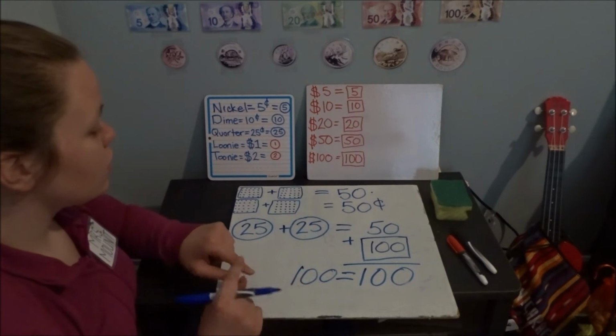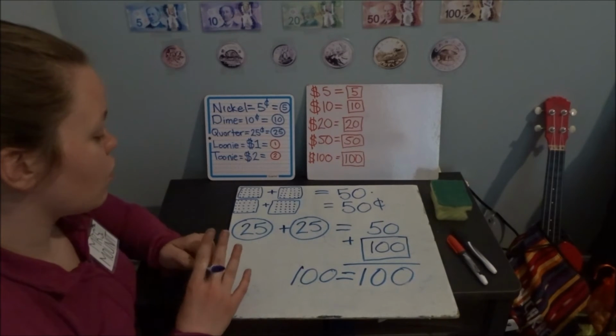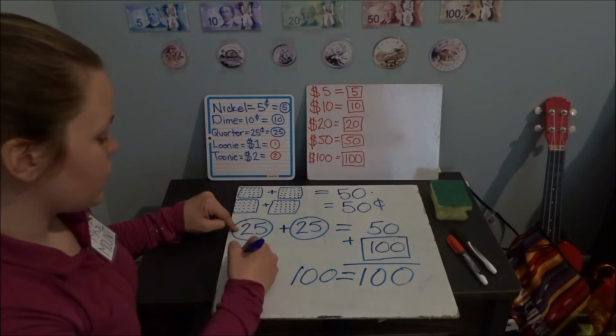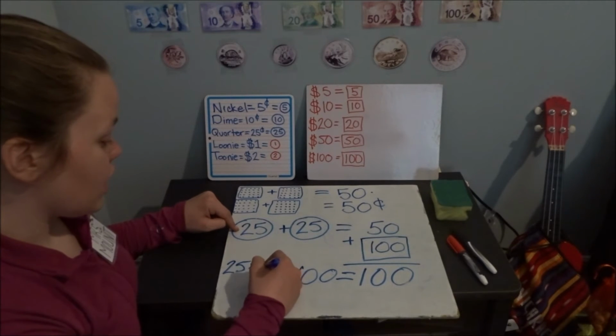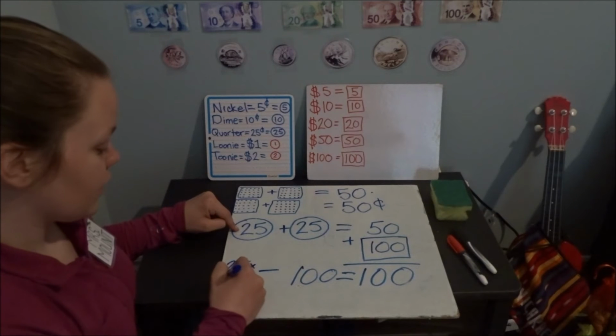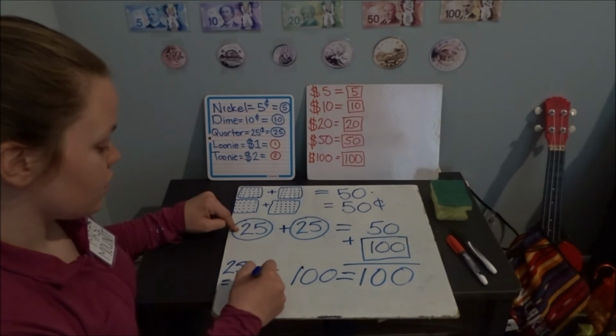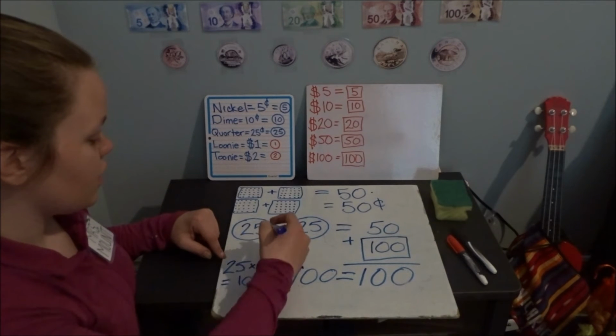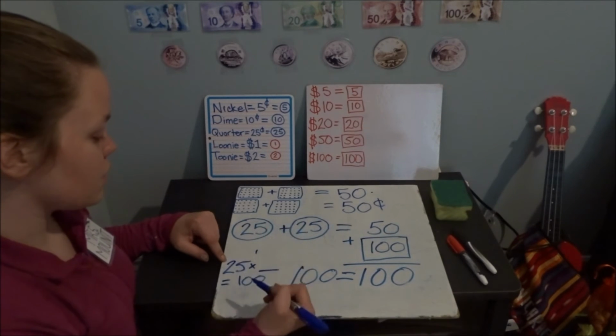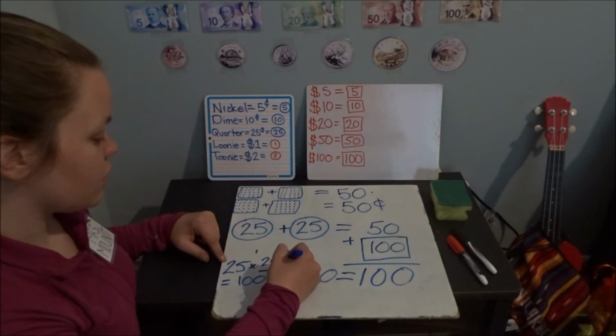Now another way that we could look at this is 25 times blank equals 100. And then you just multiply. You could start: 25 times 1 is equal to 25.